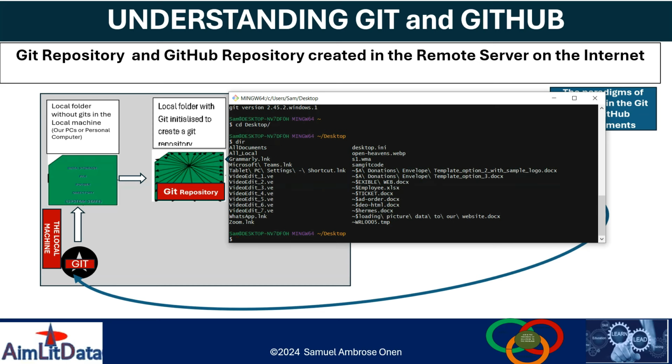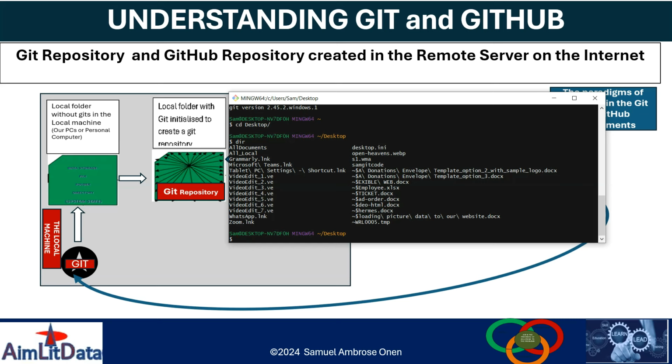I like Git Bash because it also allows us to use the commands which can also be used in a Windows command line, the normal Windows terminal. So when you type dir, it is simply a directory listing.